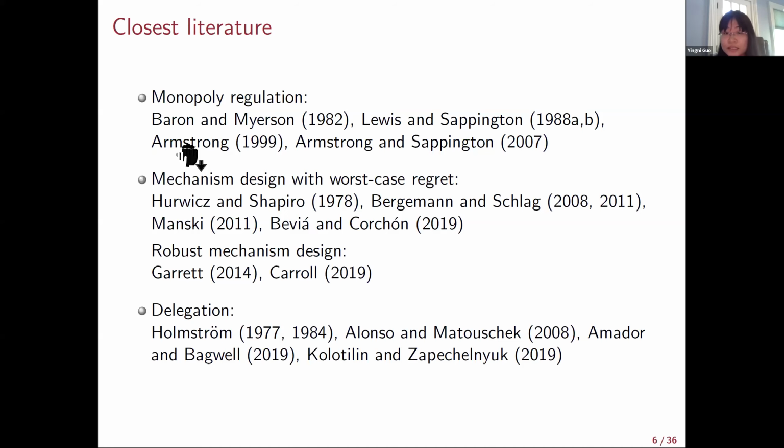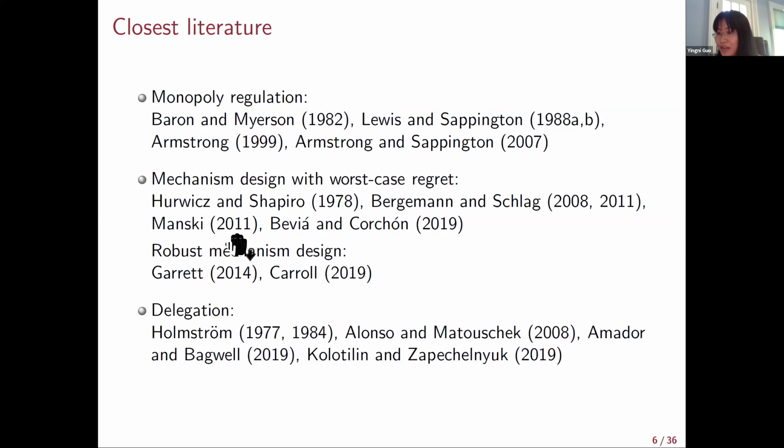We are also related to the growing literature on robust mechanism design. We are closely related to the papers which are also about minimizing the worst case regret. This paper by Hurwicz and Shapiro is about the moral hazard problem. Bergemann and Schlag are about monopoly pricing. Manski offers a very nice discussion on vaccination under worst case regret.